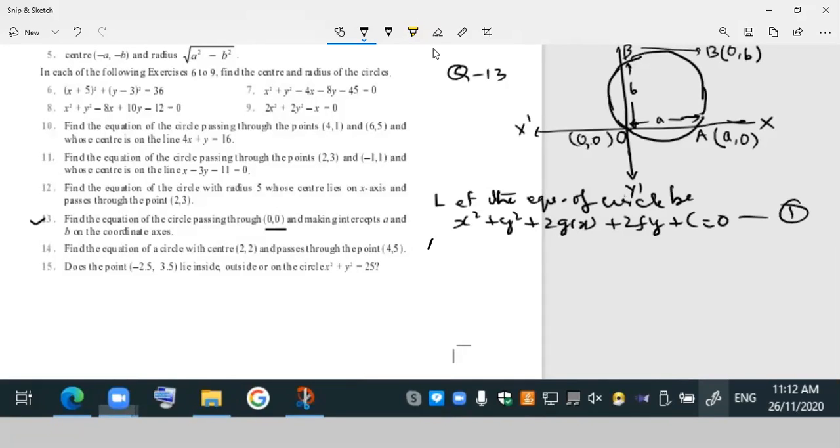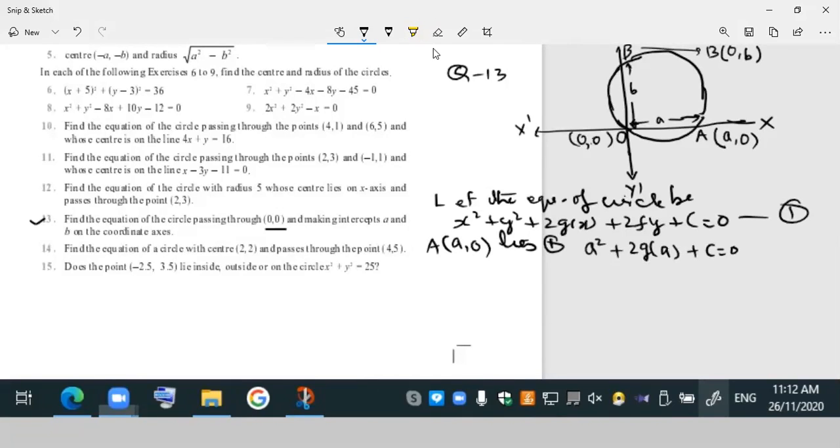Now point A, which is (a, 0), lies on equation 1, so it will satisfy the equation. So x is equal to a, y is equal to 0, so a square plus 2ga plus c is equal to 0.